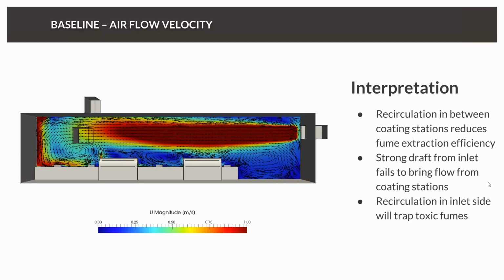And also, what is the problem, that the strong draft from the inlet is not able to bring the flow from the coating station. We also have a recirculation here, so a lot of the fumes in the inlet side will be trapped.